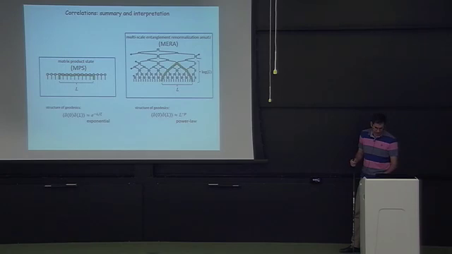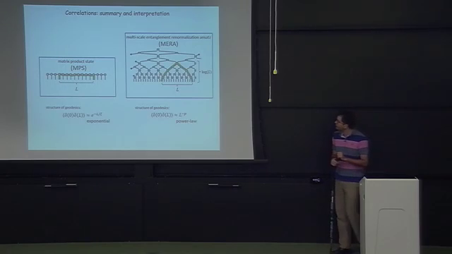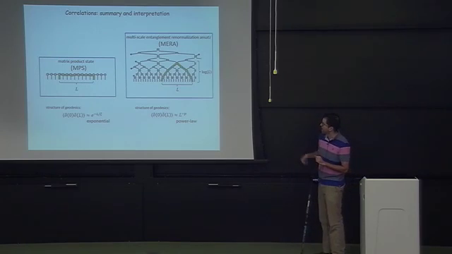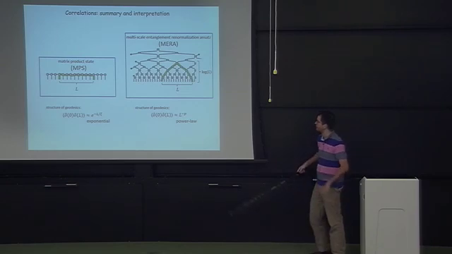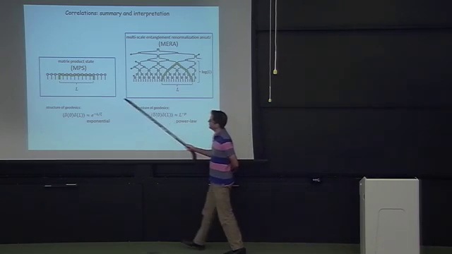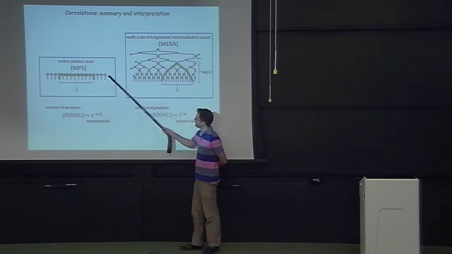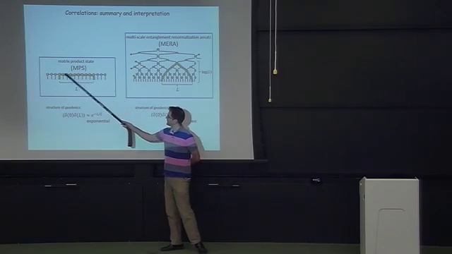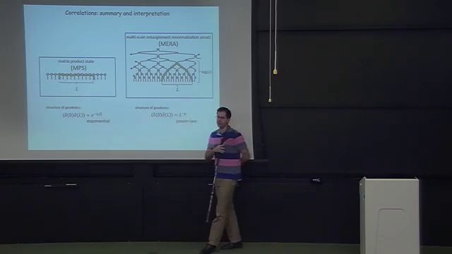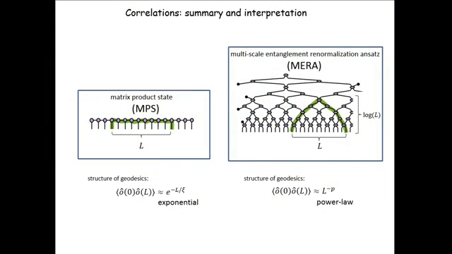Okay, so summary and interpretation of what we've seen for the correlations. It's just what I said, except that now we could go a bit geometrical and start thinking that what's happening is that we have a one-dimensional system. With the MPS, we use a tensor network that is trying to reproduce this geometry, a one-dimensional geometry. Okay?